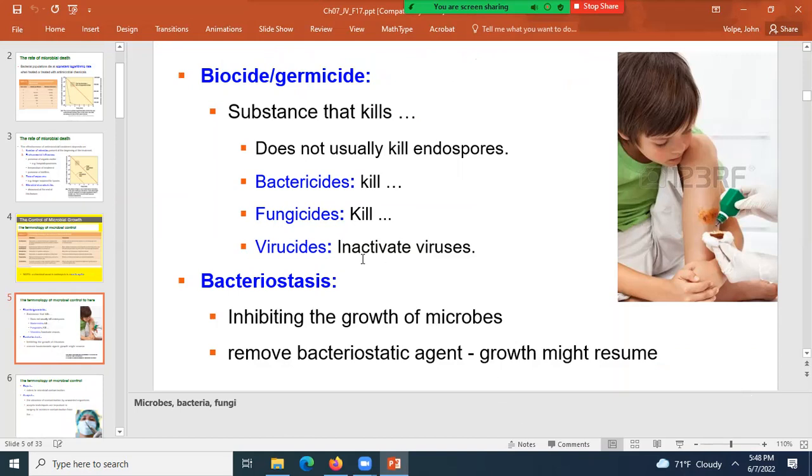We have different names for certain ones, like bactericides is an agent that kills bacteria. Fungicides are agents that kill fungi. Viricides, they inactivate viruses, but all of them together are a biocide or a germicide.